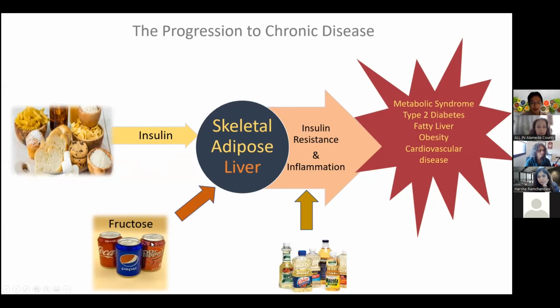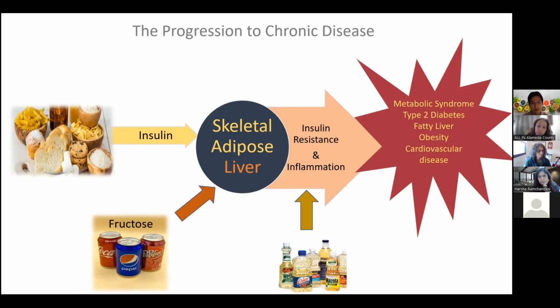It can be wine as well, or alcohol going straight to the liver, causing insulin resistance. We have our seed oils and other processed fats that are in a lot of the baked goods that are leading to inflammation. So you get these two things happening, leading to these downstream metabolic issues that we're so familiar with.